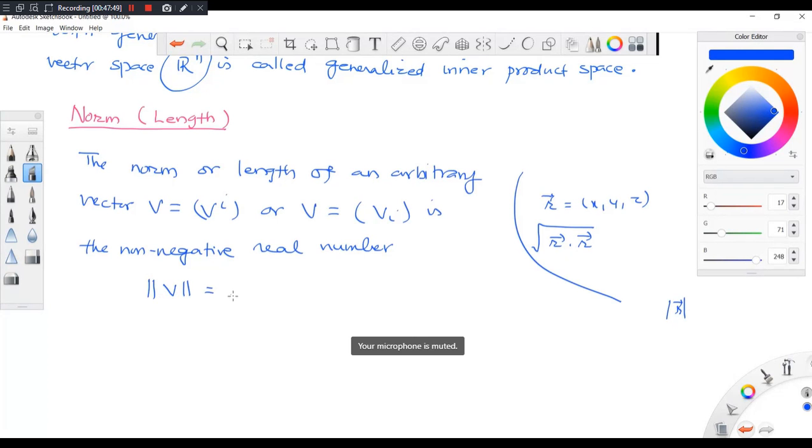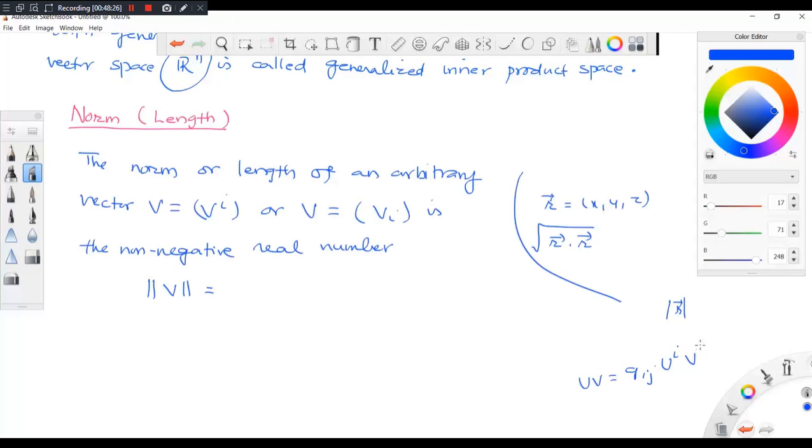This is equal to the square root of gij. Take the earlier definition: how do you write UV? UV is written as gij ui vj. Now I take the product with itself, UU. Then this will become ui ui.